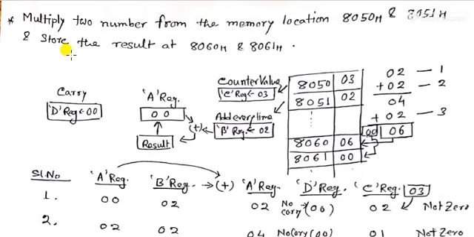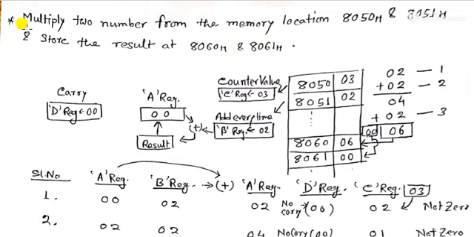So this is another program that multiplies two numbers from the memory locations 8050 and 8051 and stores the result at 8060 and 8061.